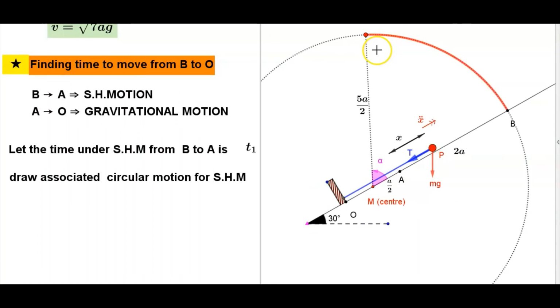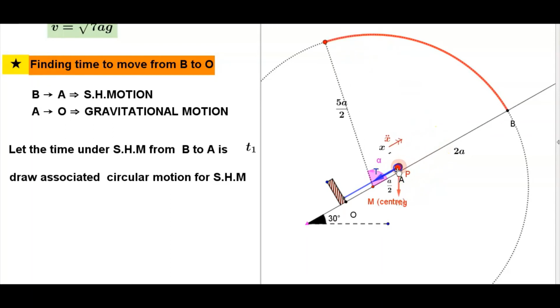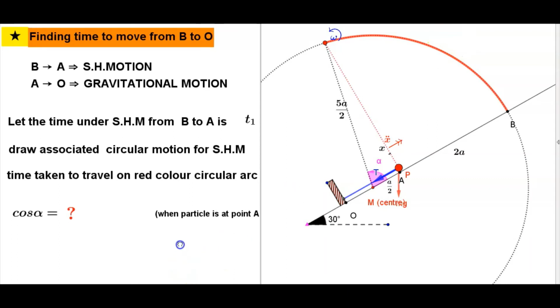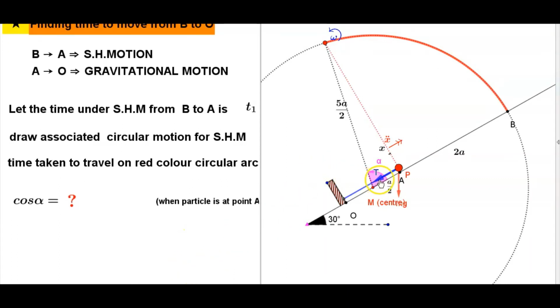That means B to A, simple harmonic motion. This time is equal to the time the particle takes to travel on the red colored circular arc. From here, this angle is alpha.